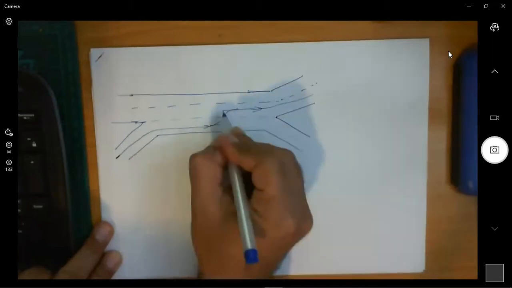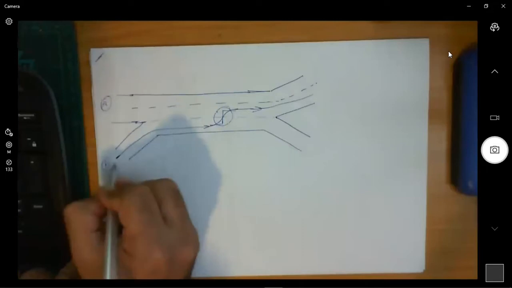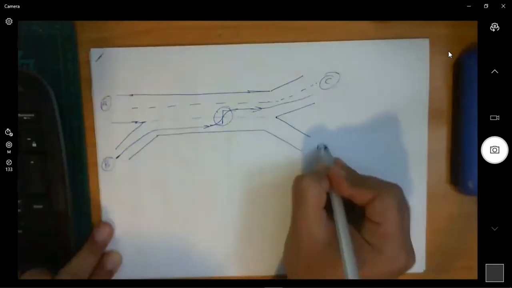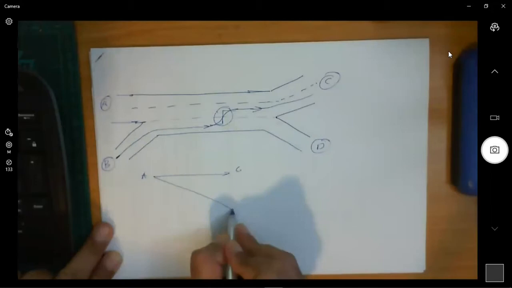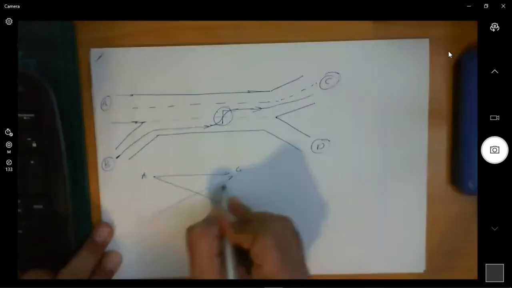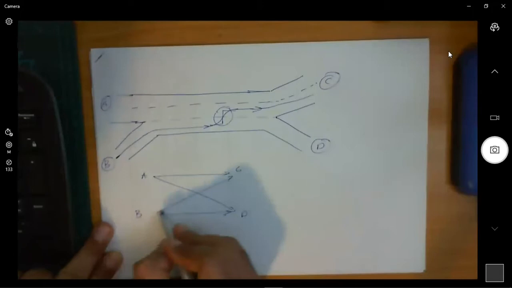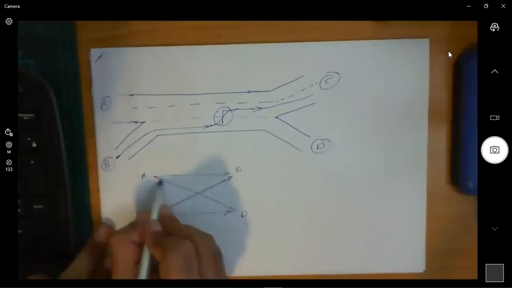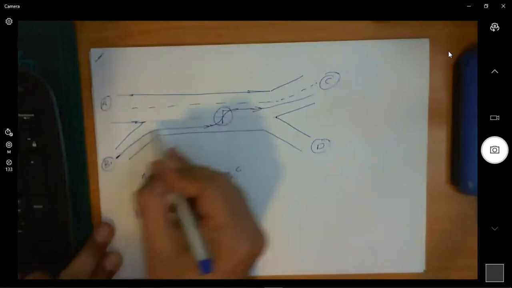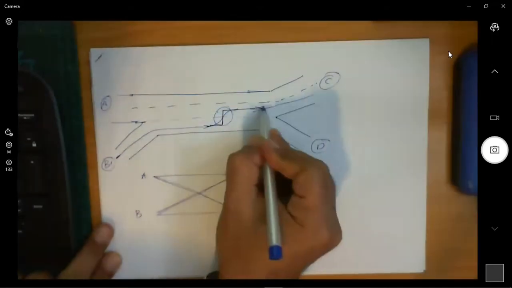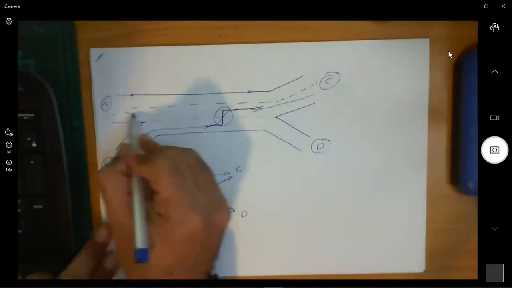So here he made one lane shift. The same applies if we say this is A, this is B, this is C, and this is D. If we draw it, that's AC, AD, and BC, BD. The weaving volume is basically BC and from A to D. As you can see, the volume BC must make one lane shift. The same applies to the volume coming from A to D. So that's another volume.